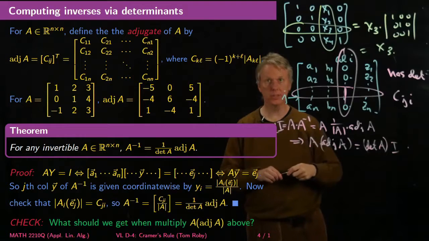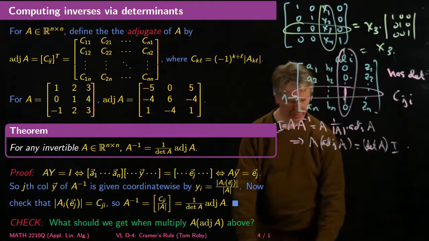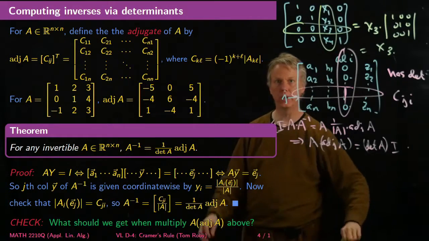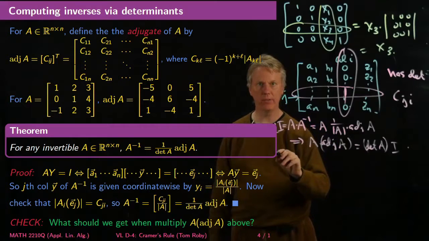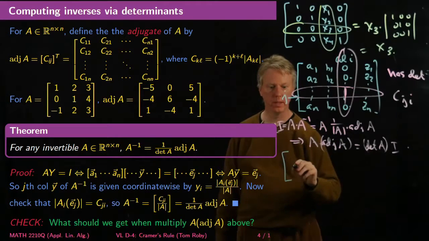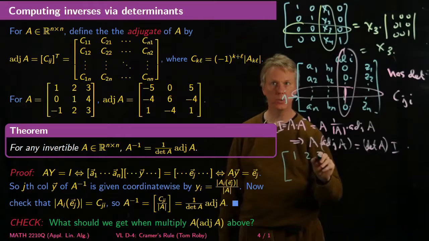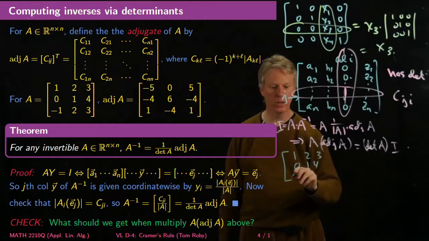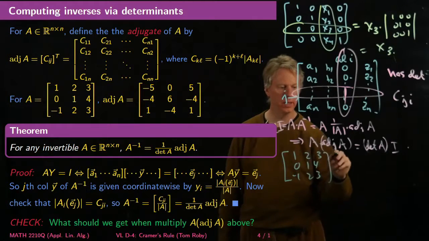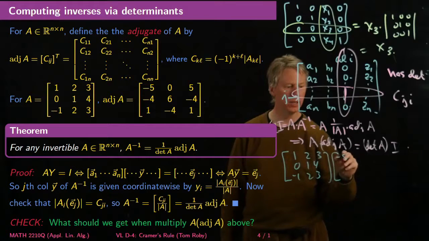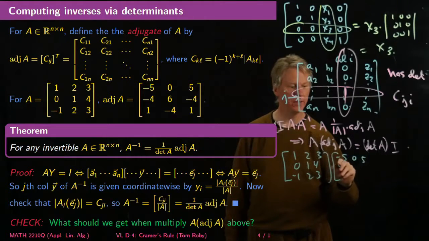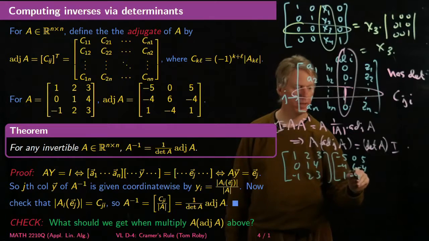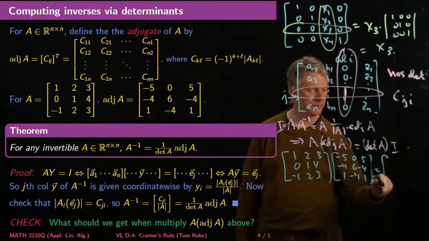So let's just double check that that works in this particular case. If I take A over here, 1, 2, 3, 0, 1, 4, negative 1, 2, 3, and I multiply by its adjugate, minus 5, 0, 5, minus 4, 6, minus 4, 1, minus 4, 1, what do I get?